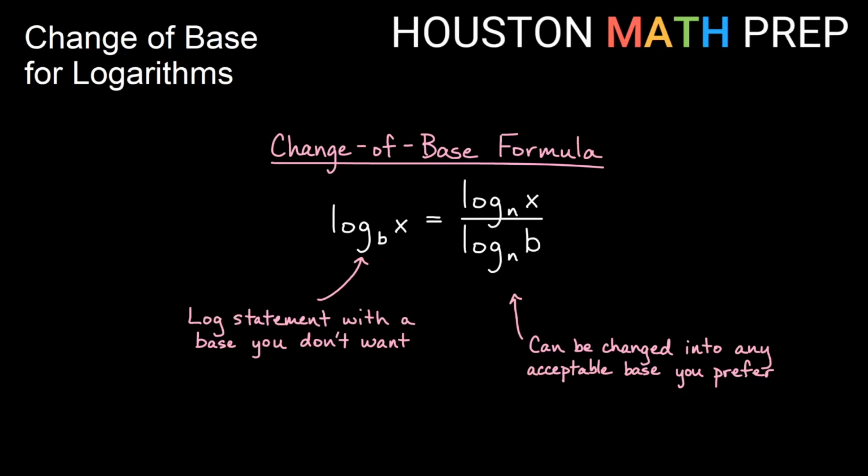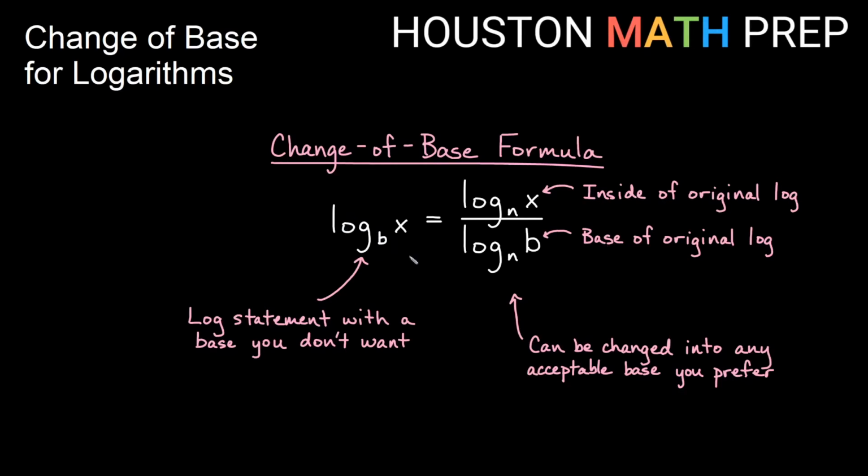Okay, so you can change it into log base 10, so you can use the log key, or you can change it into log base e, so you can use the ln key on your calculator, but you can change it into any acceptable base that you would like. How to change what you started with into what you're going to type in the calculator: the inside of your original log, so notice this was log base b of x originally, so my x is inside of the log in the numerator, and my base is inside of the log in my denominator, and this n is just going to be any base you want.